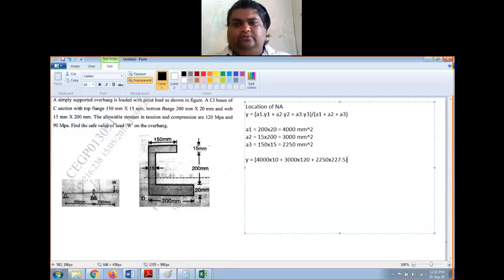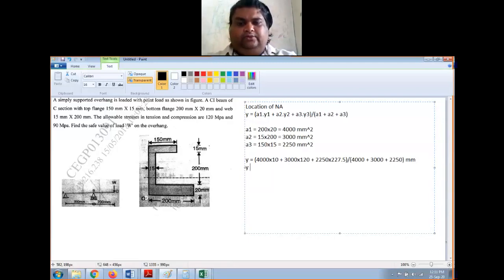That is the location of CG from bottommost fiber, divided by 4000 plus 3000 plus 2250. This will be in mm.